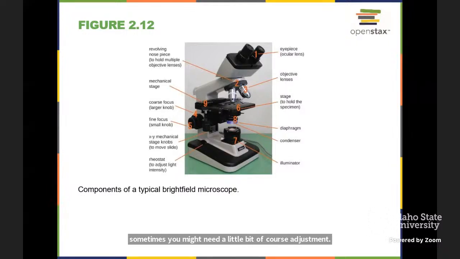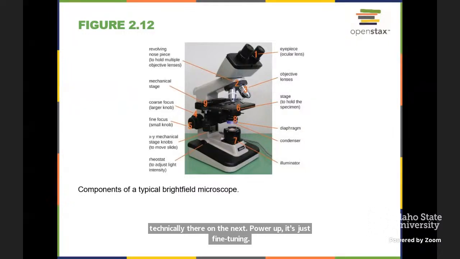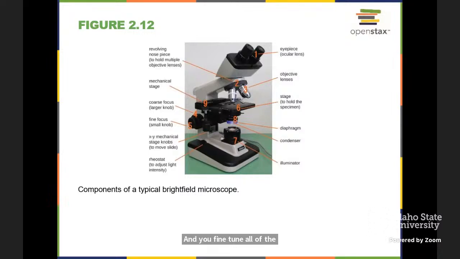We call these parfocal microscopes. So once you get it in focus on the lower power, it's technically there on the next power up. It's just fine tuning. And you fine tune all the way till you've got it under oil immersion.